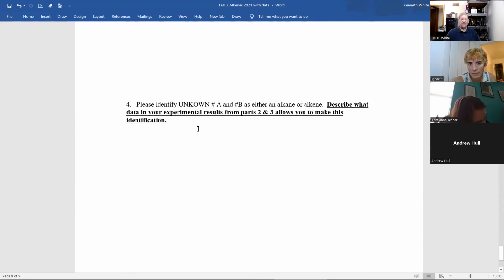And here I have some others. If we were face to face, when I was talking about unknowns A and B, I'd say the district attorney of Kane County, Elgin is in Kane County, has come to us and says he's got two compounds. He has to know, does it have a double bond or not?